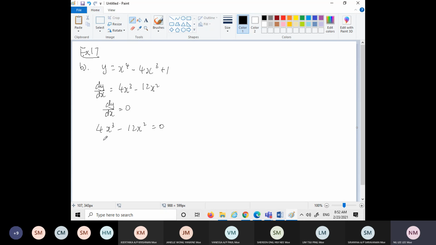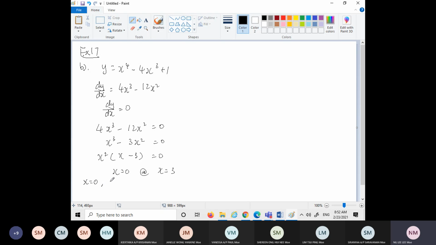Can divide by 4. After that, you can factor out x squared. Therefore, your answer x is 0. The other one, x is 3. So 0 and 3.